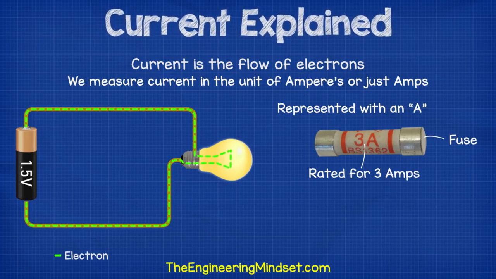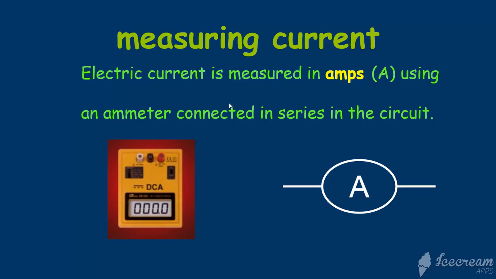This is represented with a capital A. For example, this fuse has a 3 and a capital A, which means it is rated for resisting only 3 amps. Current, or intensity of current, intensidad de corriente in Spanish, is measured in amps.